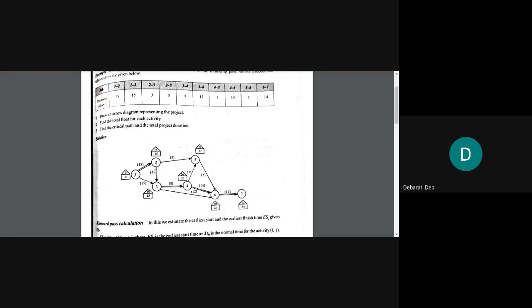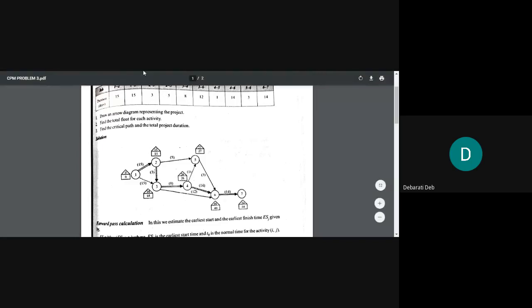From 1 to 2, the duration is 15. Write down 15 in the bracket, just at the top of the arrow. Then from 1 to 3 also it is 15. Write 15 within bracket. Then from 2 to 3, the duration is 3 days.